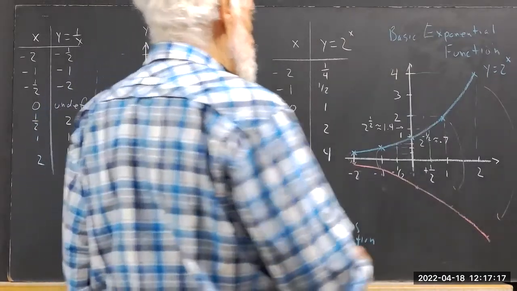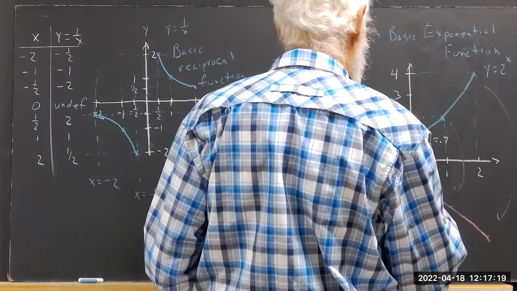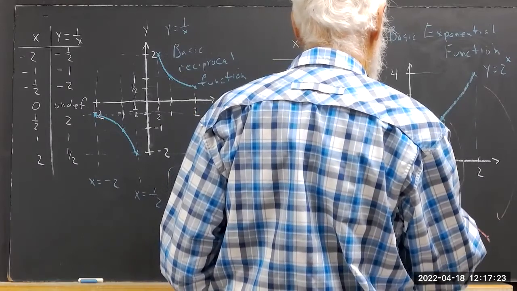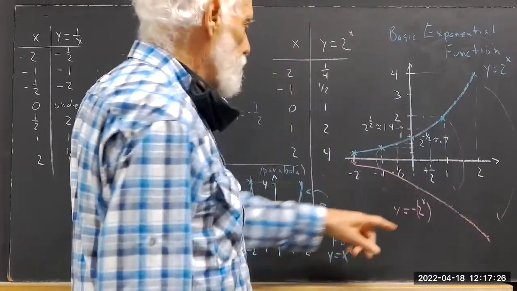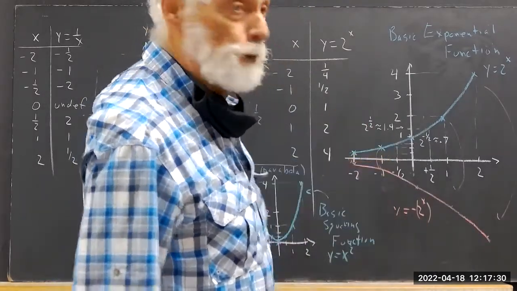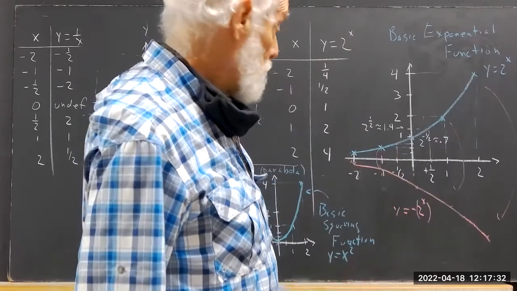This function would be negative of 2 to the x, because all your y values go negative, okay? They have the same size.